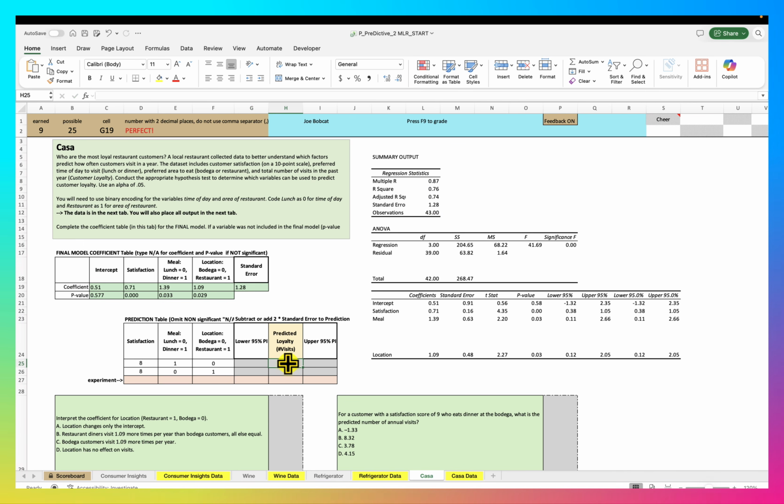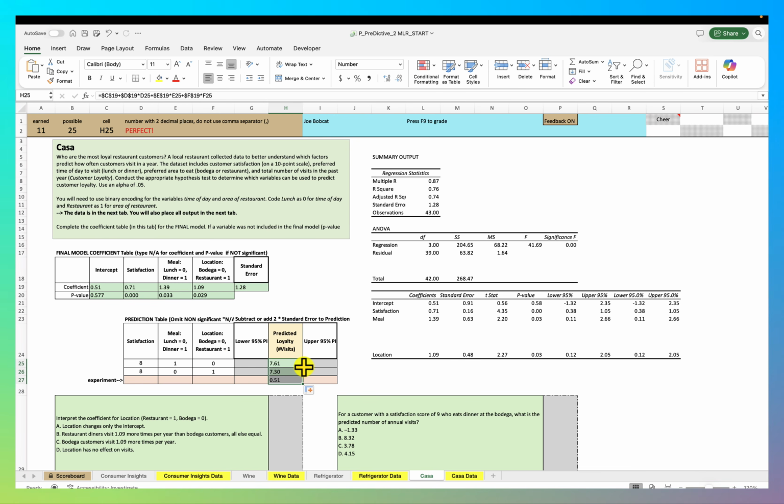Alright, so predicted loyalty, which is what we're predicting, is equal to coefficient locked plus satisfaction locked times satisfaction in our test data plus meal locked times meal in our test data plus location locked times location in our test data.